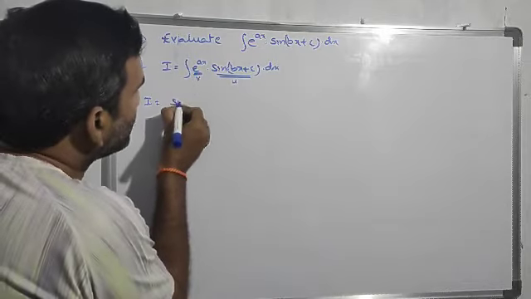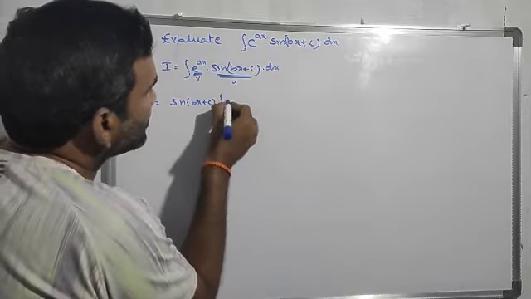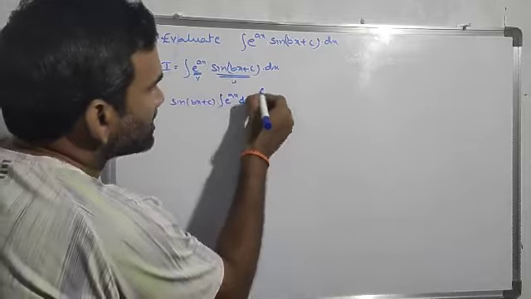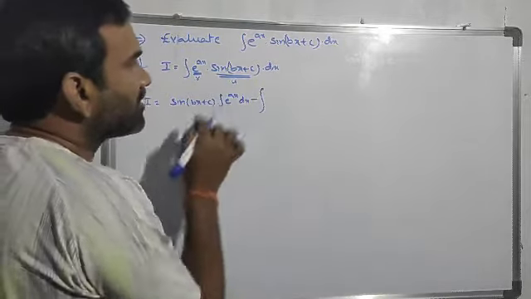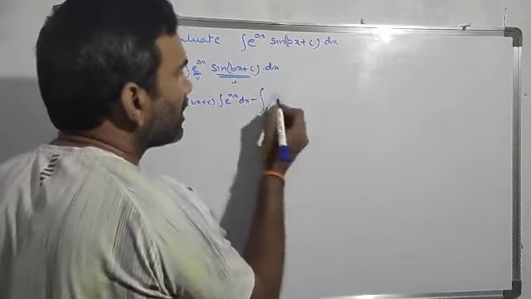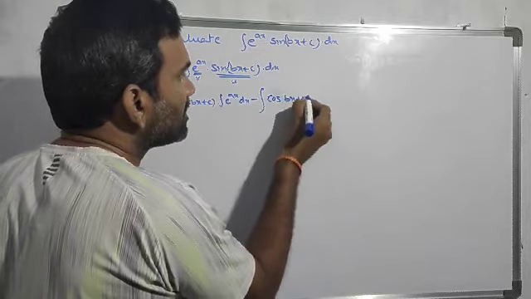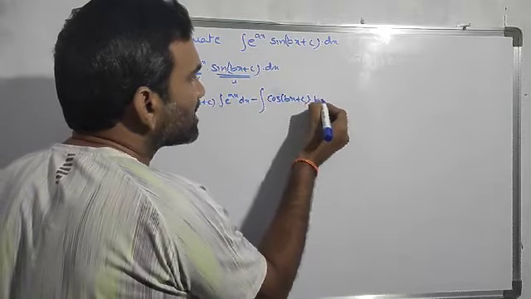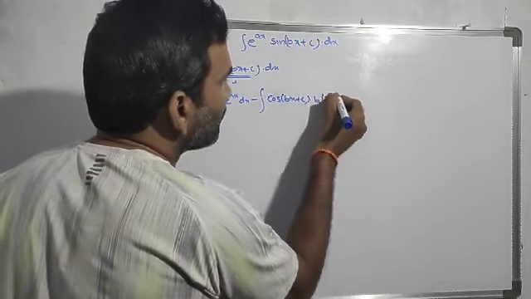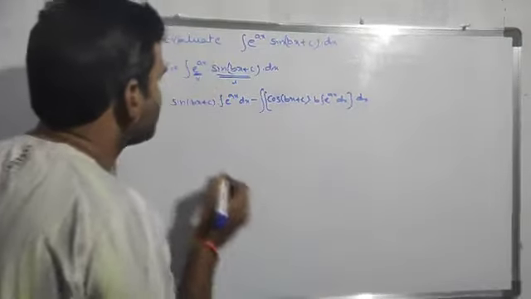u into, that means sine of bx plus c, into integration of e to the power of ax into dx, minus the differentiation of sine, which is cos of bx plus c, into the differentiation of bx plus c, which is b, and the integration of e to the power of ax into dx, this total into dx.